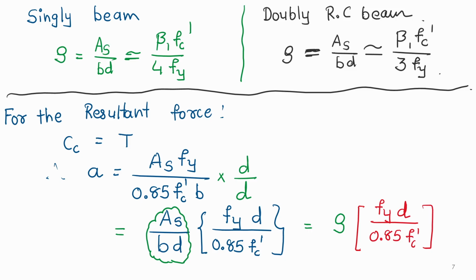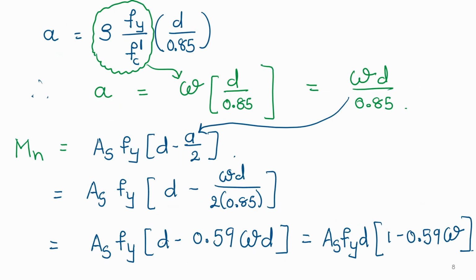And again, if we multiply and divide by d and manipulate, we can say that the depth of the Whitney block is equal to reinforcement ratio times Fy times d over 0.85 f'c. We can use rho times Fy over f'c as the reinforcement index, and our depth of the Whitney block becomes reinforcement index times d over 0.85.